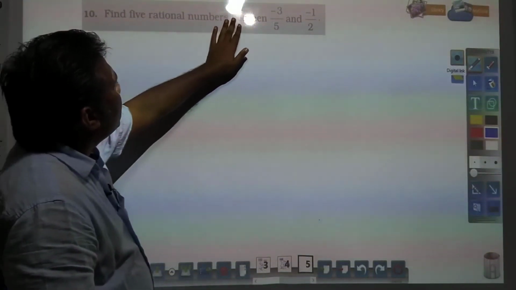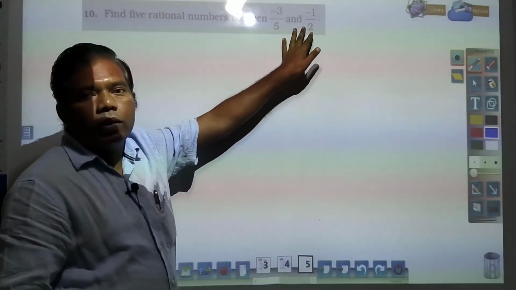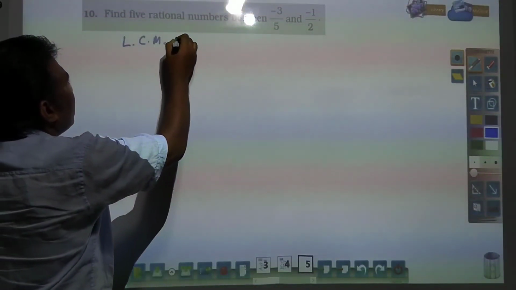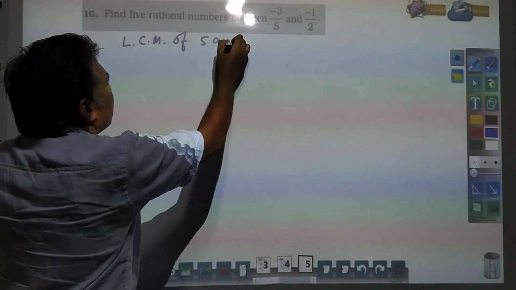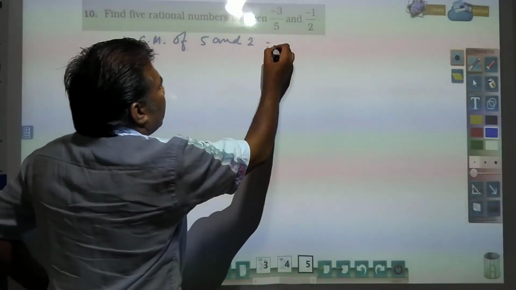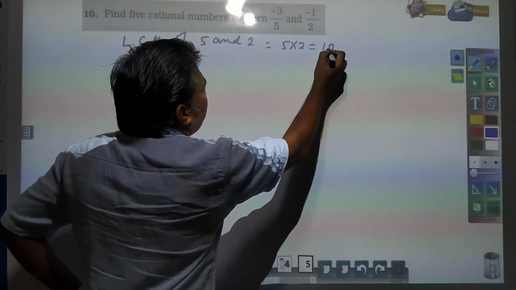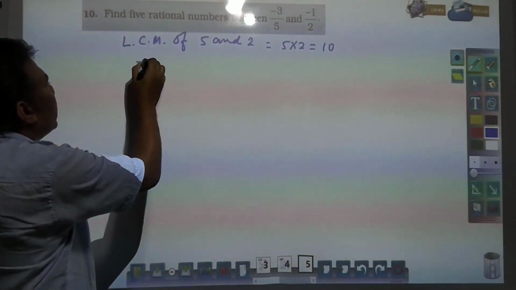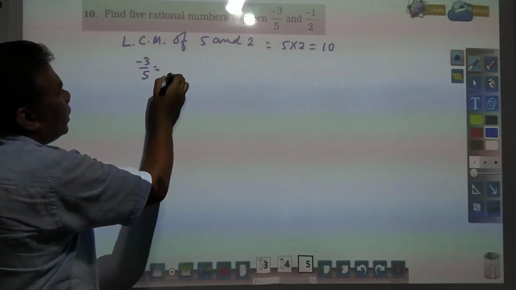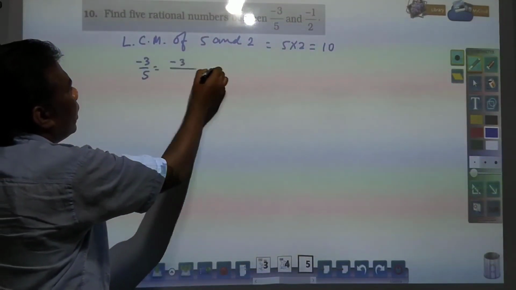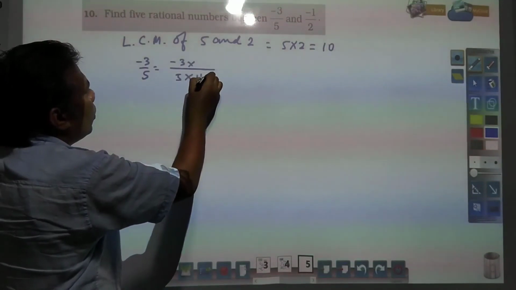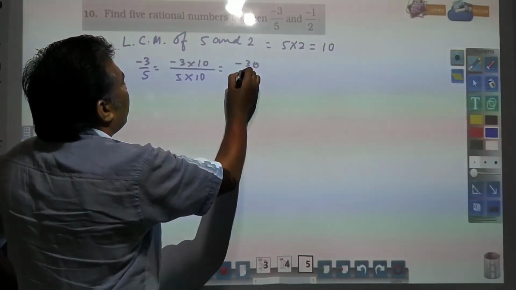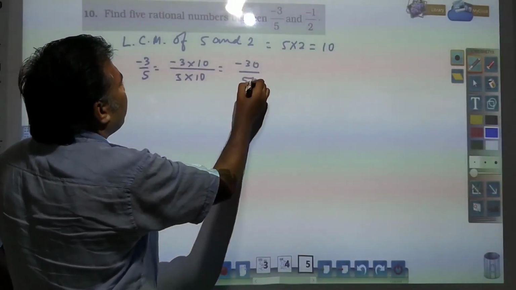Find 5 rational numbers between minus 3 by 5 and minus 1 by 2. LCM we need to find out of 5 and 2. So that will be 5 into 2, and that will become 10. Now minus 3 by 5 can be written as minus 3 by 5 into 10. So this will be minus 30 by 50.